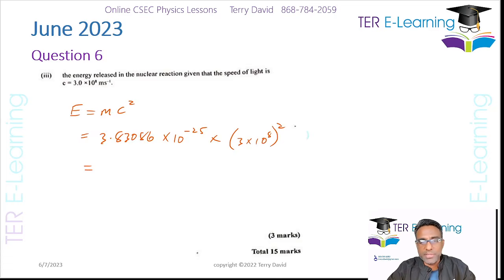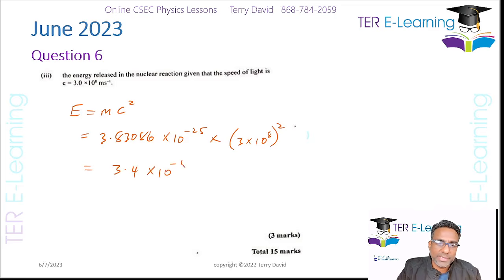So let me just work this out again. So I'm getting around 3.4 by 10 to the minus 8 joules, right?